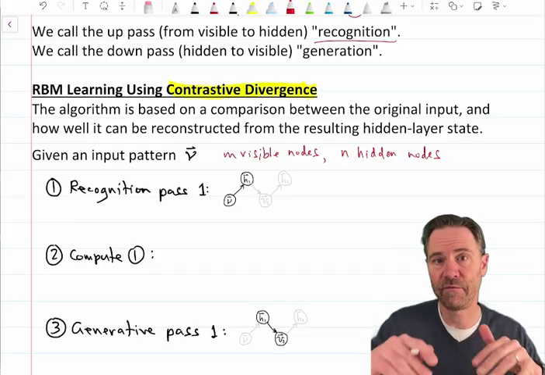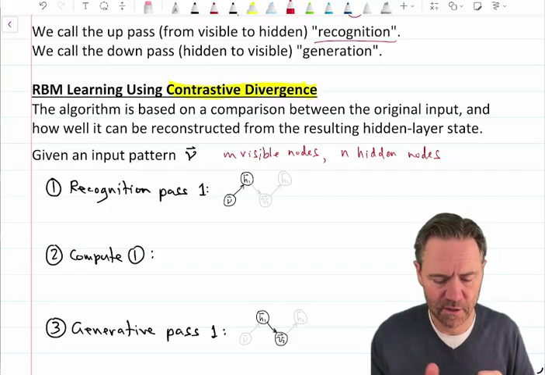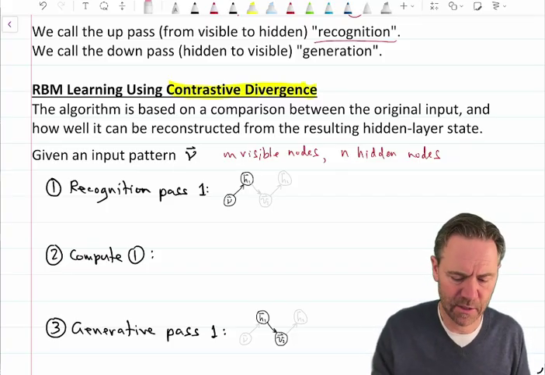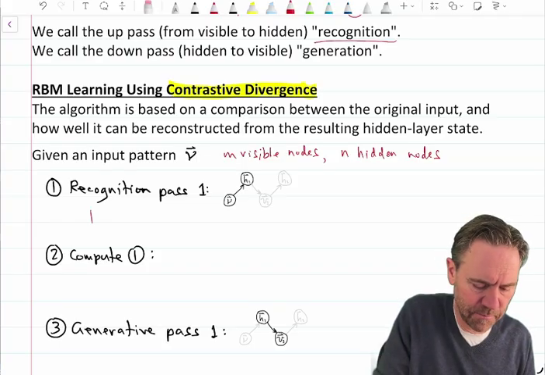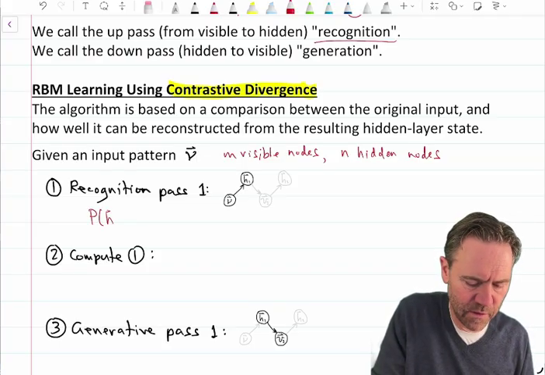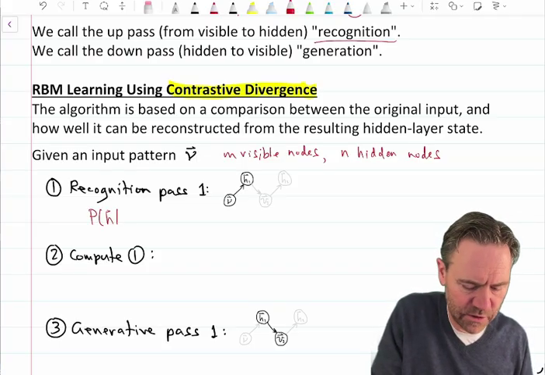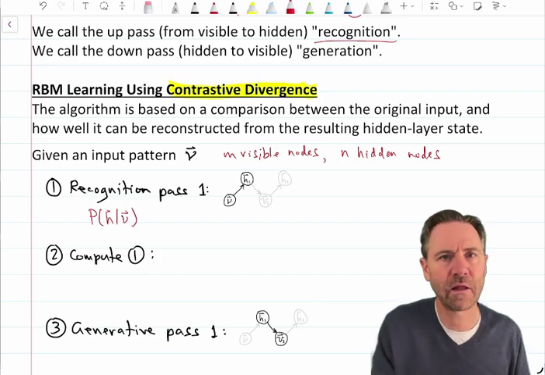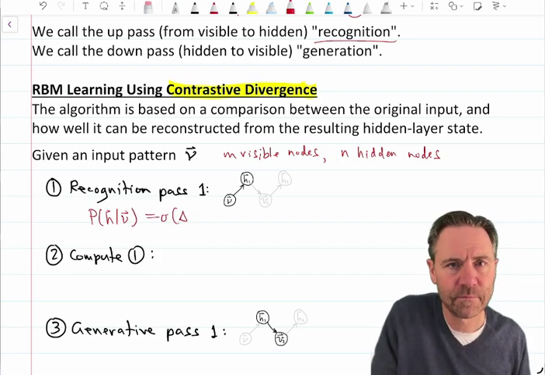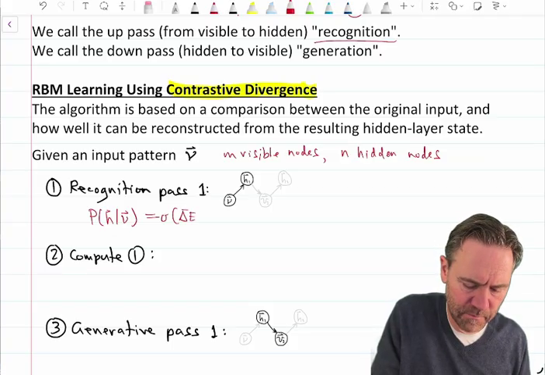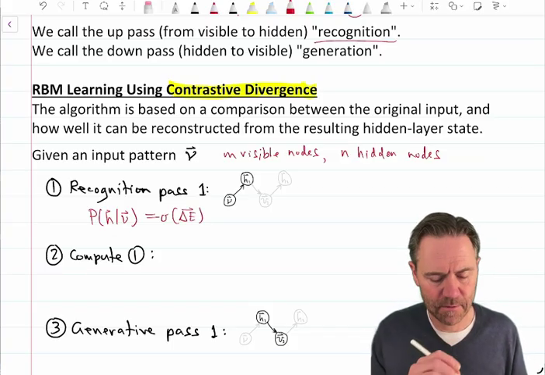We observe one of the visibles and we clamp the input and we project up to get our hidden probabilities. So the probability of observing hidden state given our clamped inputs is sigma of the energy gap.